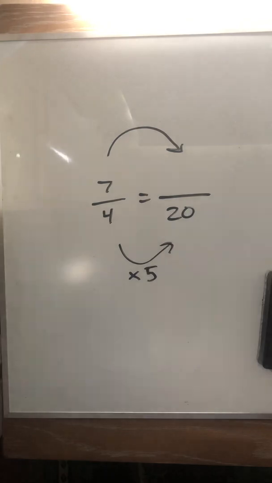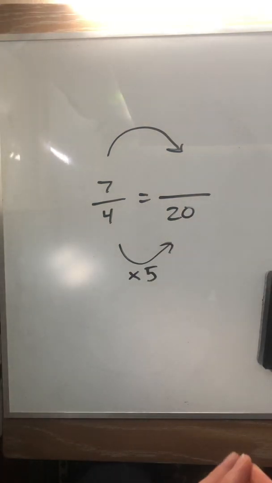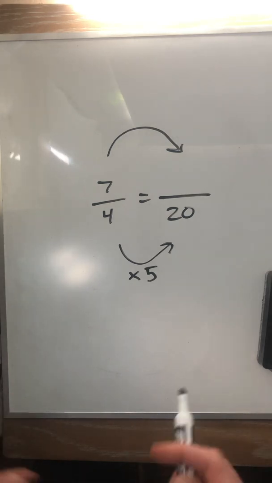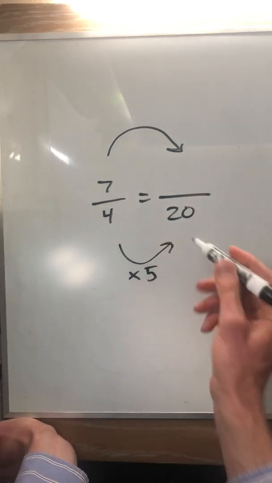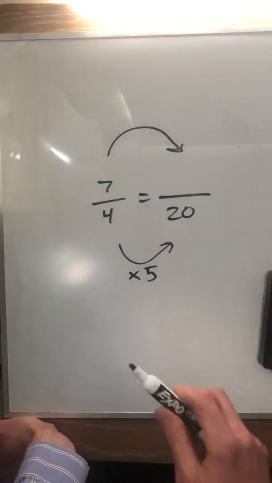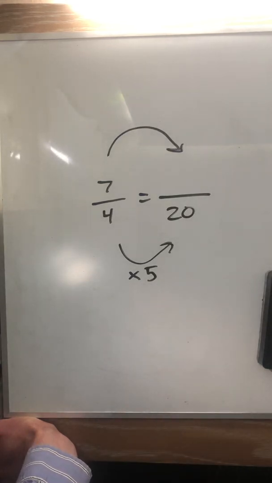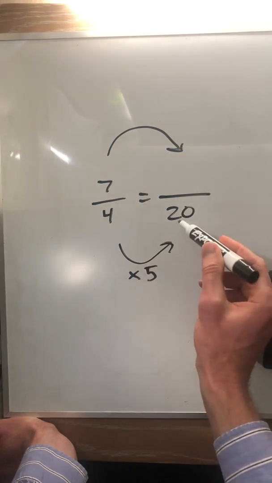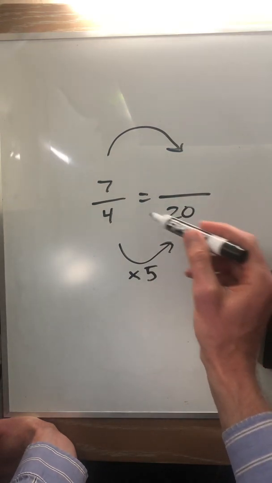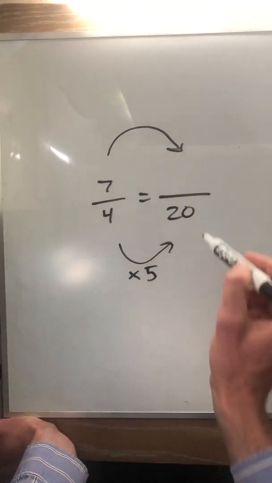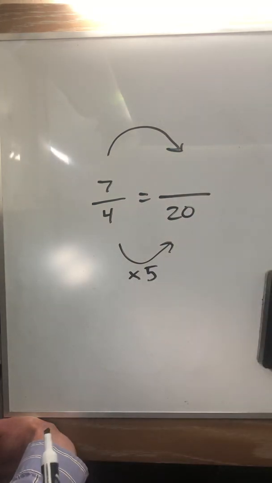Once you know that, you know that they've just divided up the whole thing into 5 times as many pieces. The pieces just got way smaller. So each piece was cut up into 5 smaller pieces. So if you cut up the total pieces into 5 smaller pieces, you yourself are going to have 5 times as many smaller pieces.